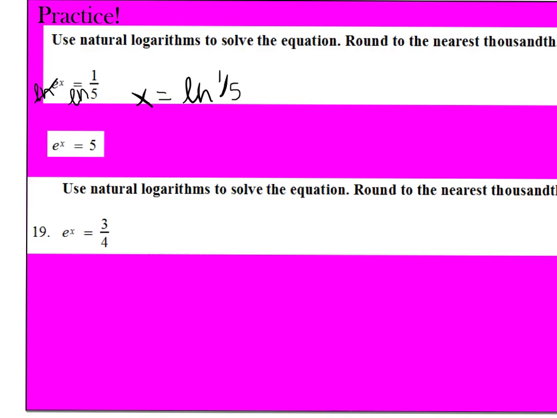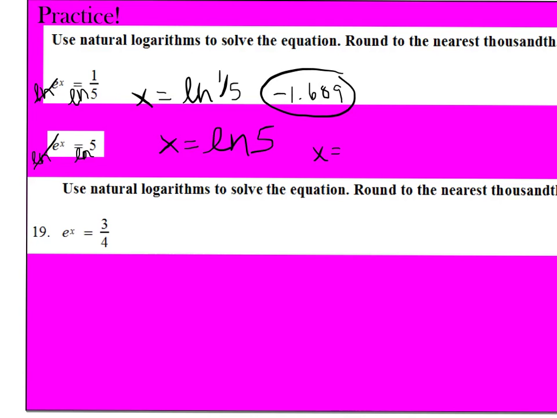1.609. For the second one, we add that ln in, it cancels on the left, and we're left with x equals ln of 5. Again, we plug that into our calculator. ln of 5 equals 1.609.